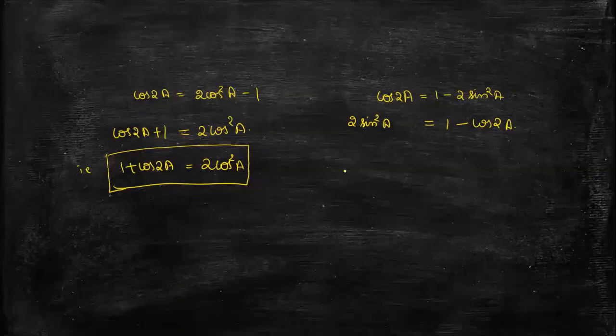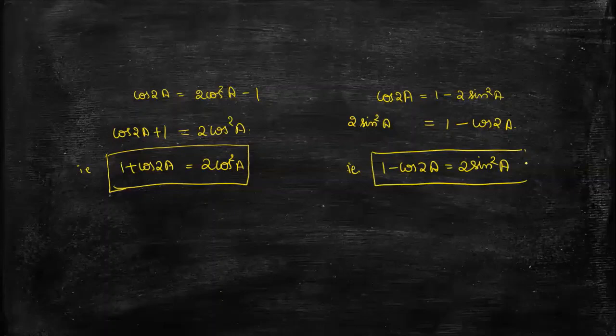Okay, so what do I get from here? 1 minus cos 2A is 2 sin square A. This is one more expression I should remember.